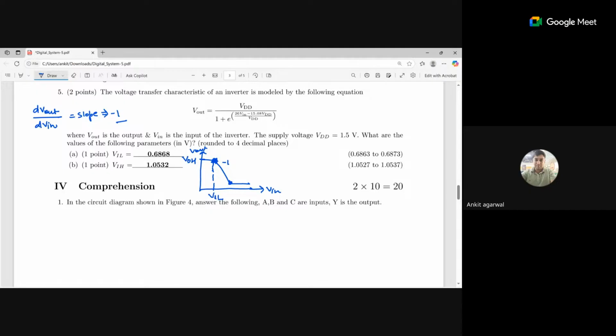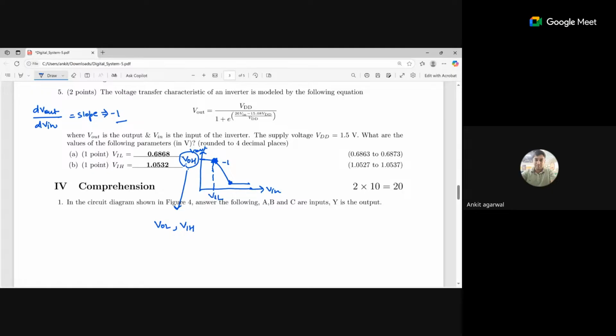Now put this value of VOH here. You will be getting the VOL.